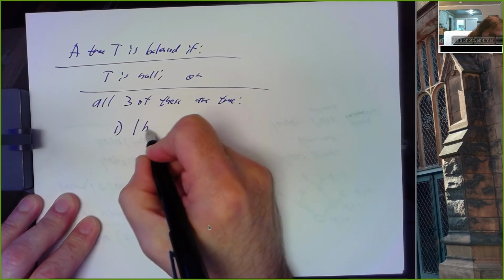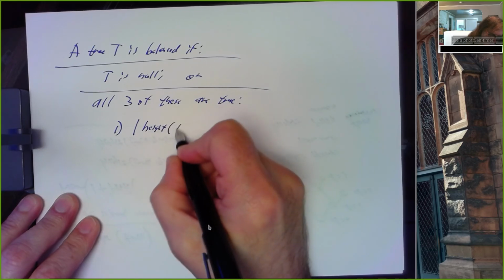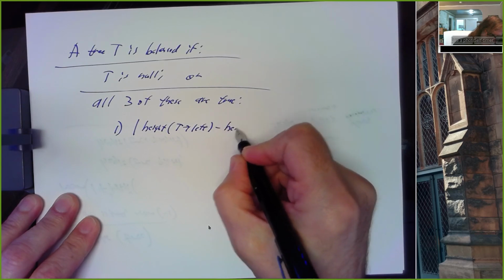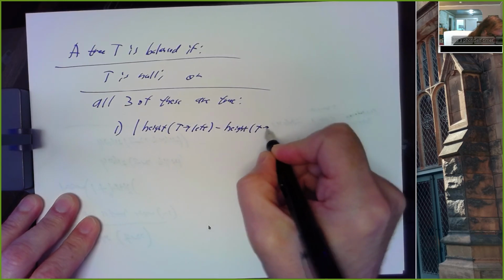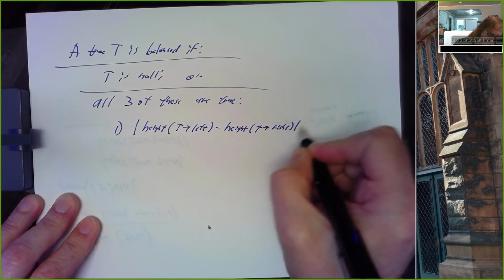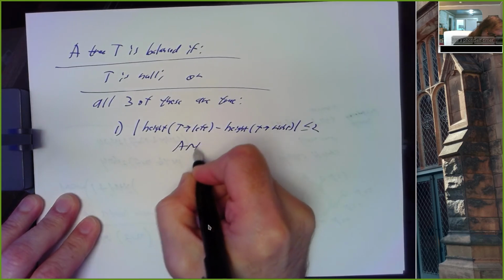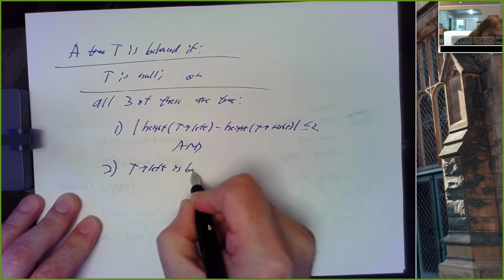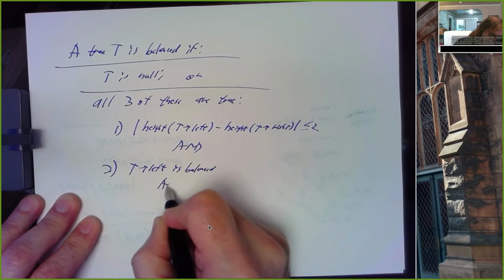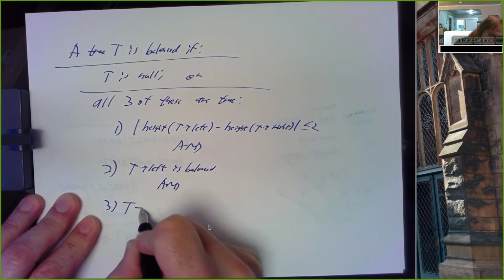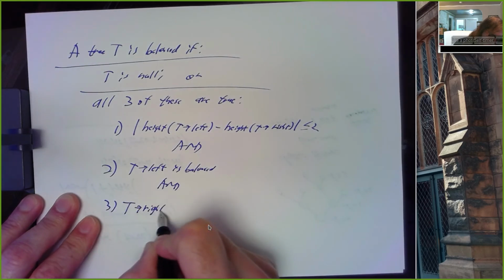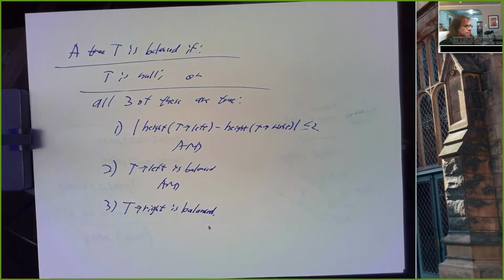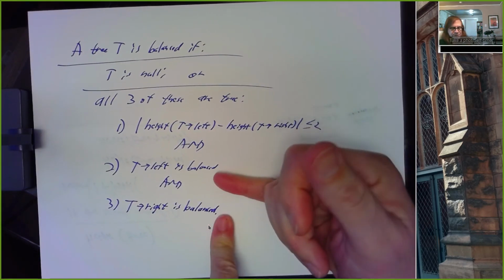The absolute value of the difference of the height of the left and right subtrees is less than or equal to 1. And the left subtree is balanced. And the right subtree is balanced. And so there's your recursion right there.